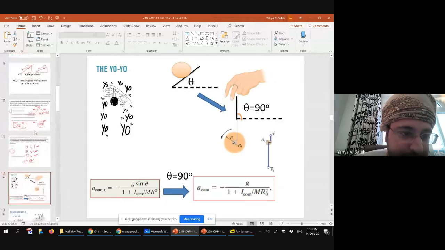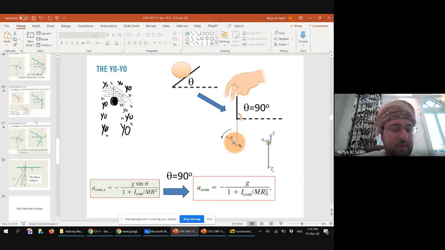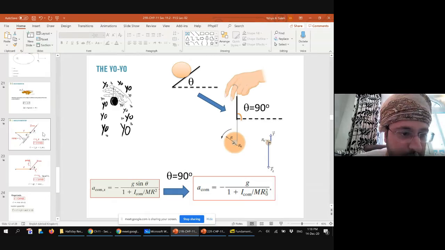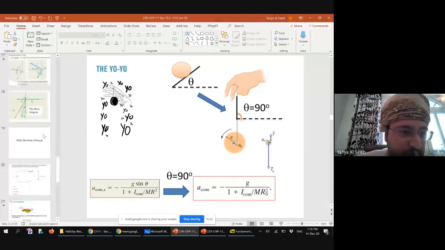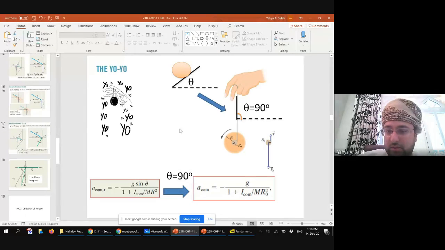I really wanted to introduce angular momentum, but we don't have enough time, and there's no point introducing half of it. So we can do this later on.